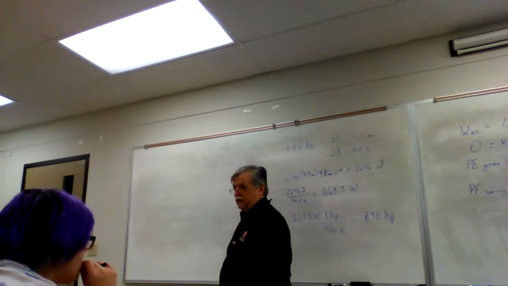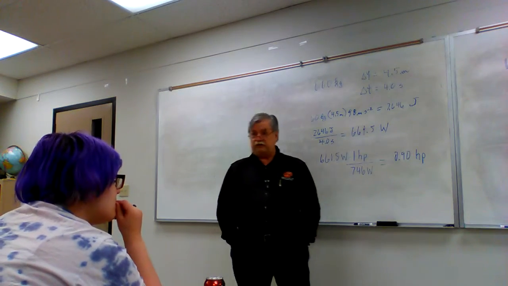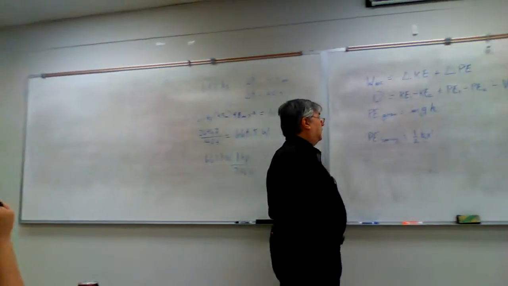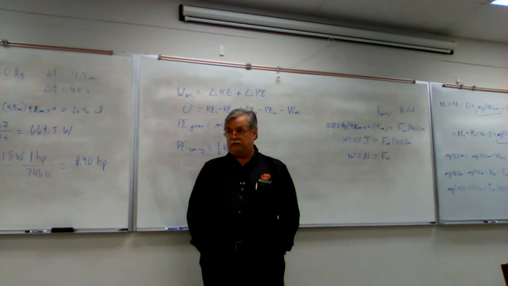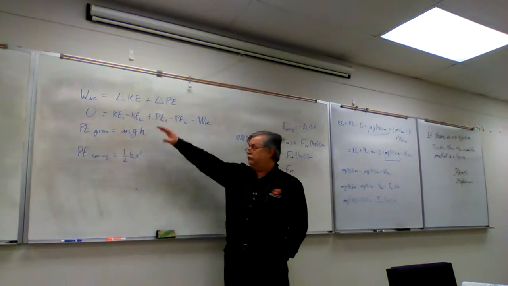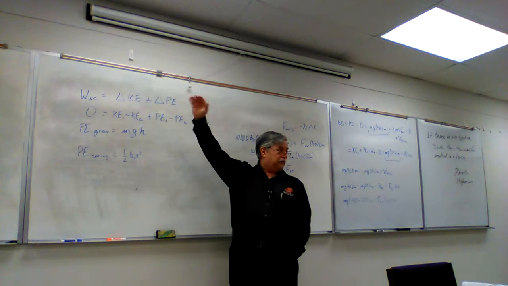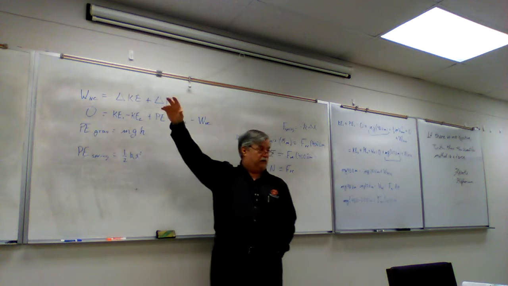Work done by conservative forces will change kinetic energy and potential energy, and they'll change back and forth. You start off with something up a hill, it has lots of potential energy. If it's at rest, it has no kinetic energy.